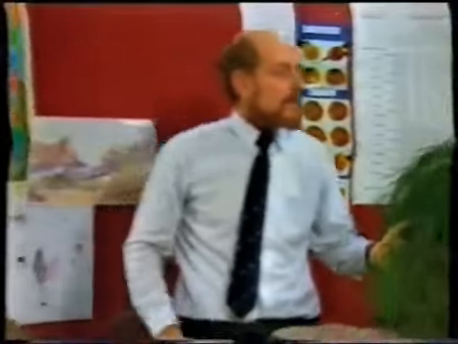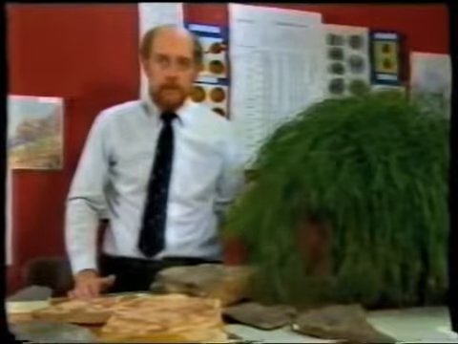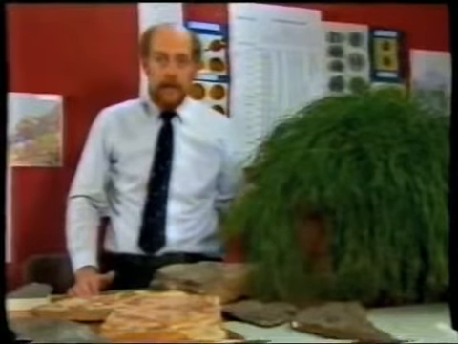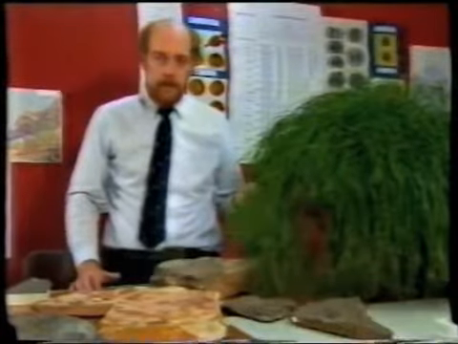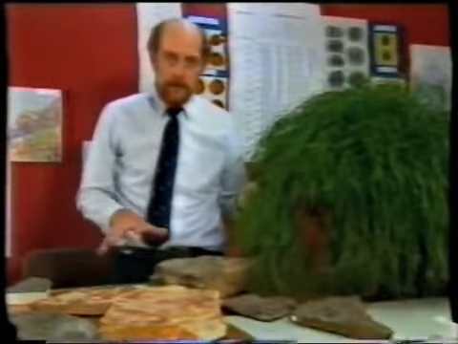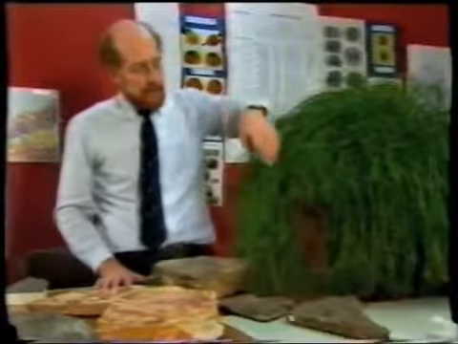This plant has no leaves, although it's very green. It is photosynthetic, so it manufactures food from the sun and carbon dioxide. It has no root system. It has underground branches with small hairs holding it into the ground. Its reproduction is by these small spores that occur in these spore sacs here.